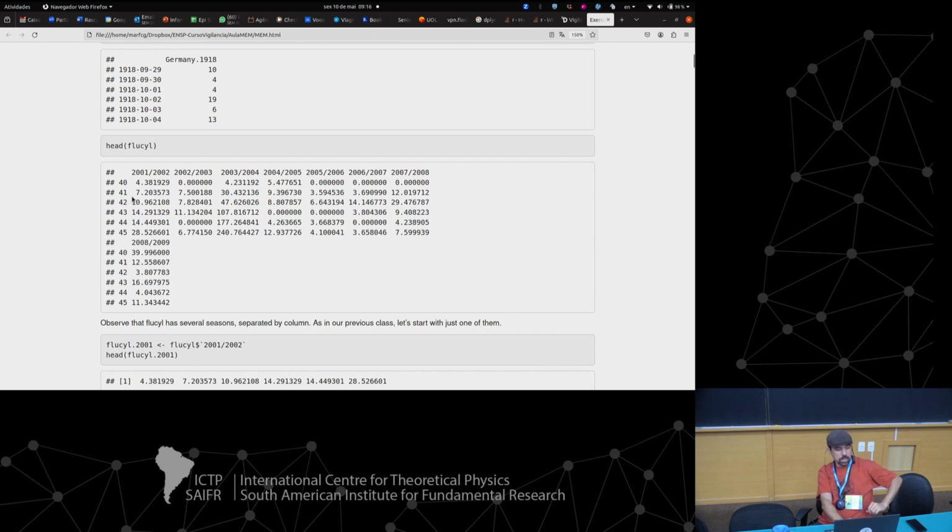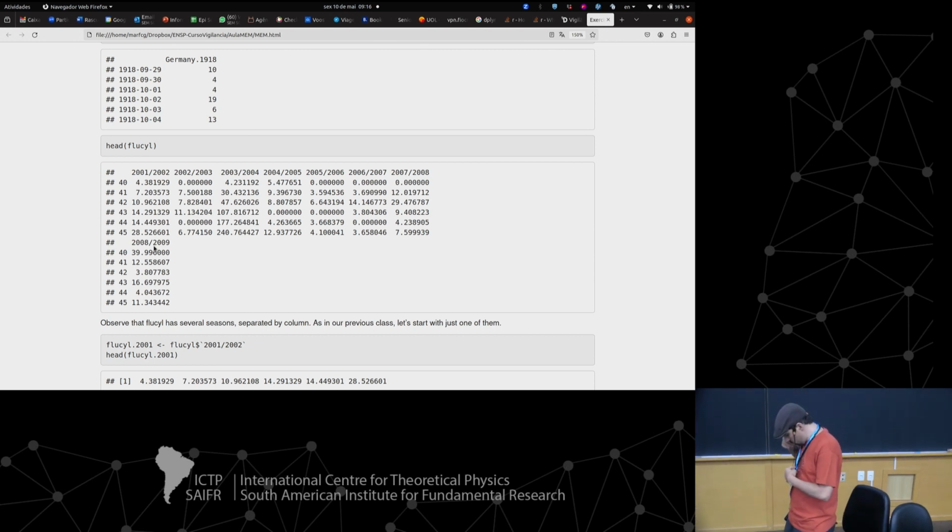And you can see right away that this data set here starts at week 40, right? 40, 41, 42, 43, 45, and it ends on week 30-something. Why is that? And we have several seasons, right? We have 2001, 2002, 2003, 2004, 2005, until 2008, 2009.